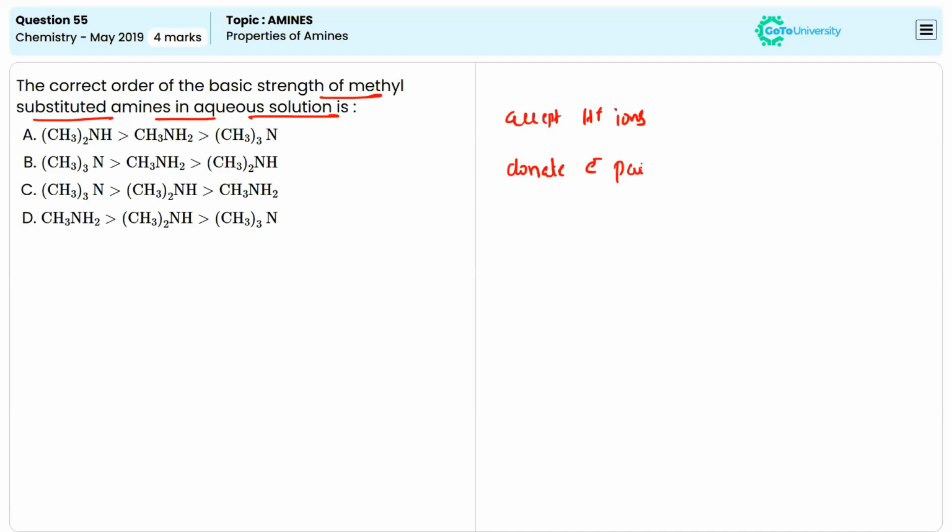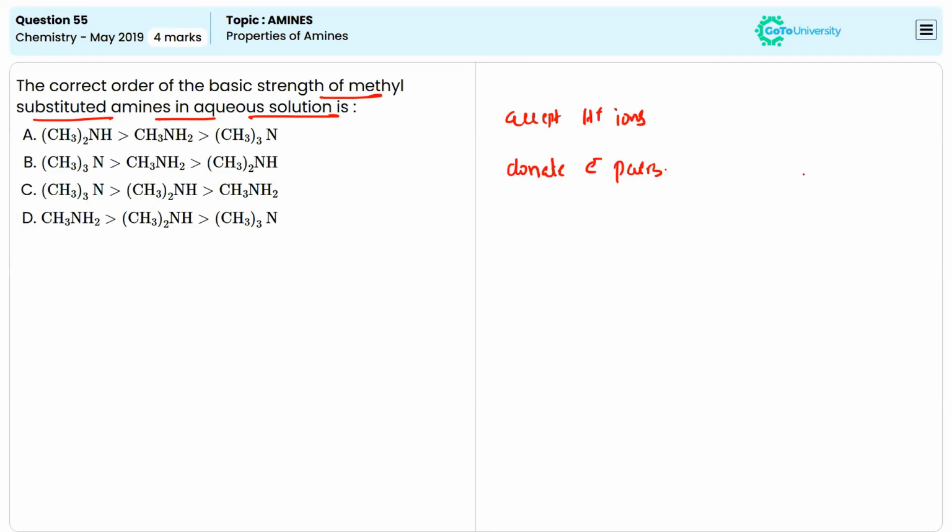If you take a primary amine, the nitrogen is connected to only one alkyl group and the remaining two are hydrogens, right? In order to produce secondary and tertiary amines, we have to replace the hydrogen with the alkyl group.